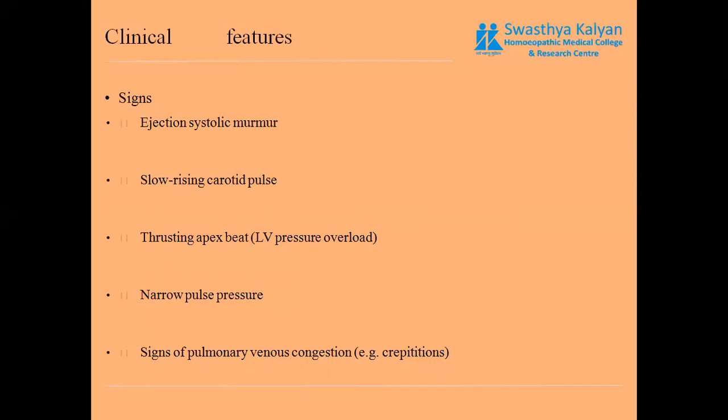Because the blood filling in the carotid artery is quite slow, as the carotid artery is a branch of the aorta. Thrusting apex beat due to left ventricular pressure overload, narrow pulse pressure, and signs of pulmonary venous congestion. There is crepitation, a particular sound that can be heard on auscultation. Crepitus.